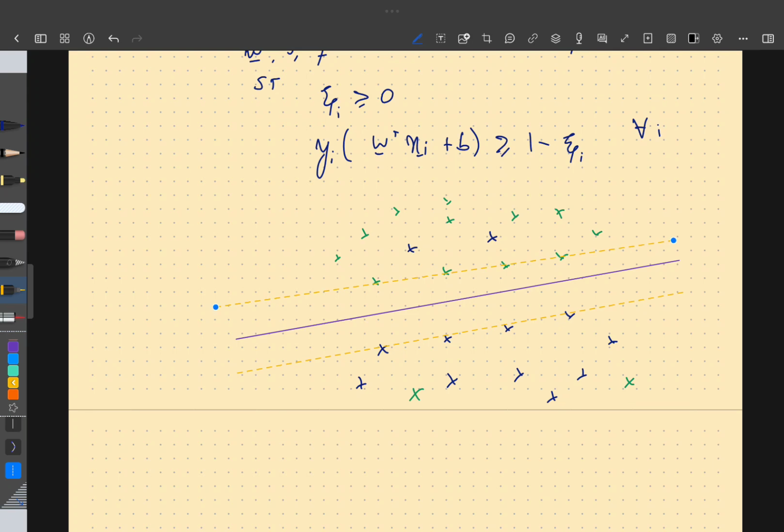These would be the marginal hyperplanes. So the support vectors can only come from these vectors or these outlier vectors. All right. It does not depend on any of the other data points.